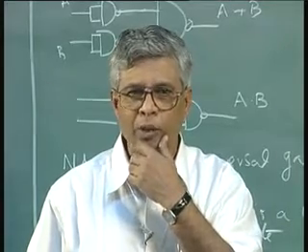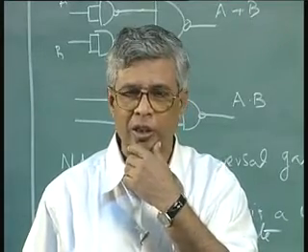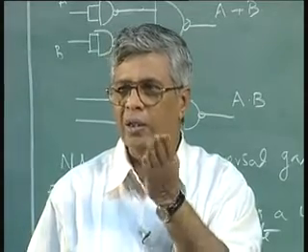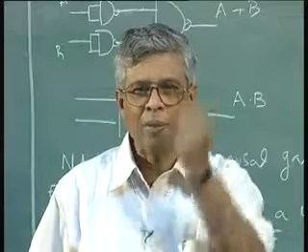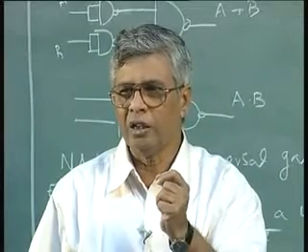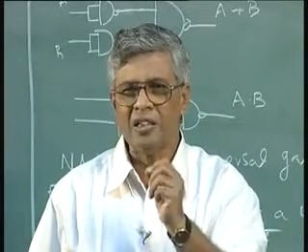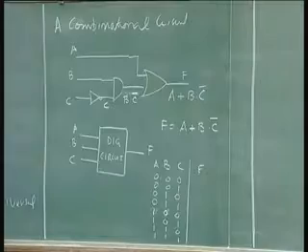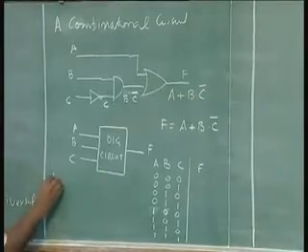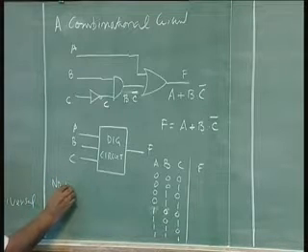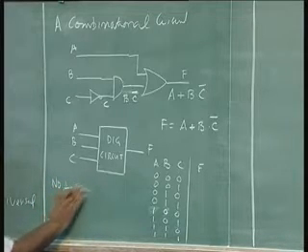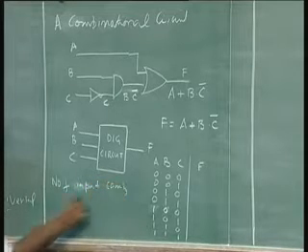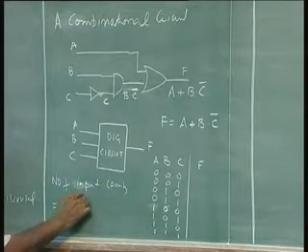There are 3 inputs, so each one can be true or false, giving 8 different combinations. How do you know that 8? It is 2 power 3. The number of input combinations is 2 power the number of input variables, 2 power n.